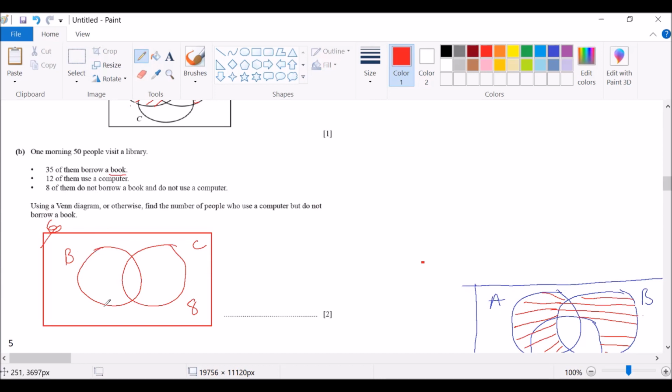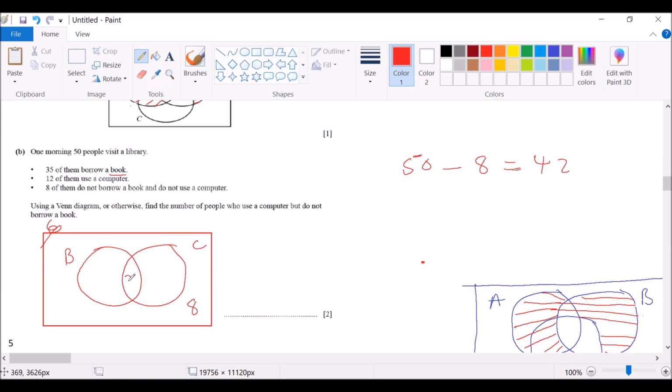Okay, so we want to see how many either borrowed a book or used a computer. So we can say 50 minus 8, then we get 42. So we have 42 in this set.